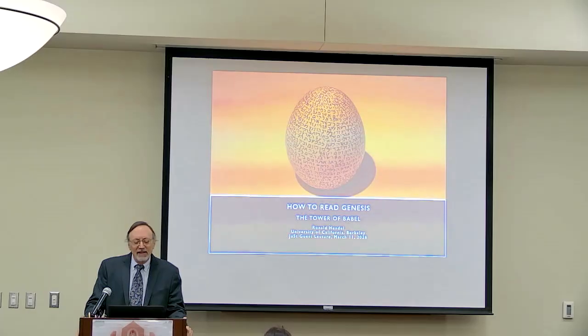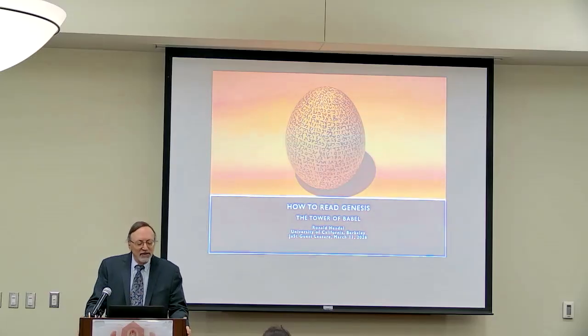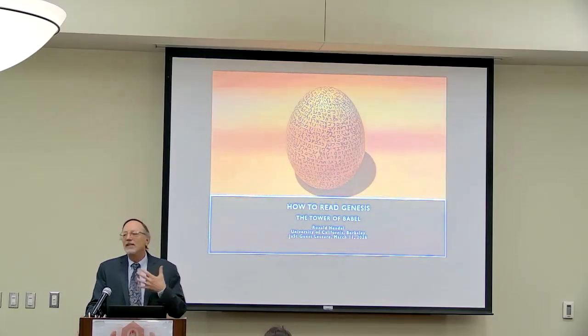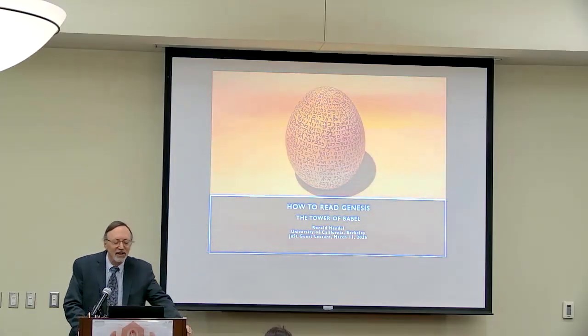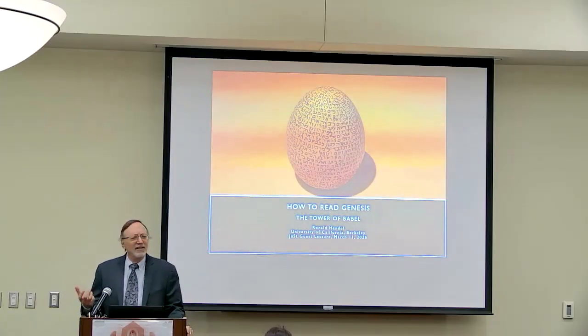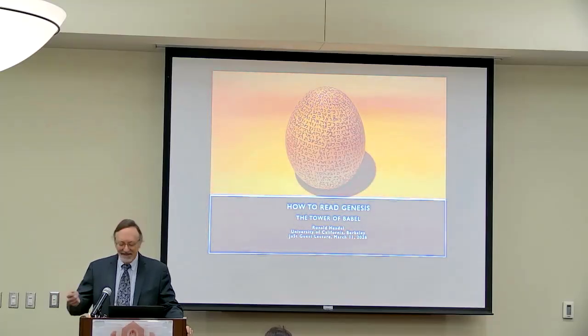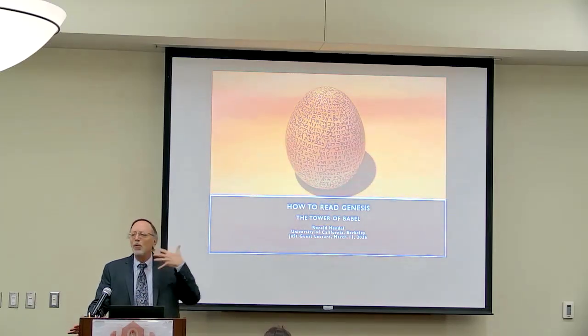My topic here today is how to read Genesis, and I'm going to give the Tower of Babel as an example. Since, as Alan mentioned, I'm writing a multi-volume commentary on Genesis, and I've written a bunch of other books about Genesis. It's sort of like cell phones. You get addicted to it, and so I keep writing things about it. So I've been thinking about some of the big issues of how one reads Genesis.